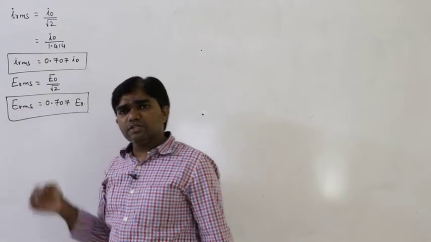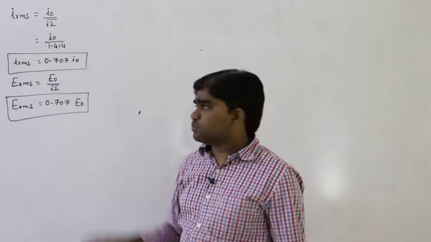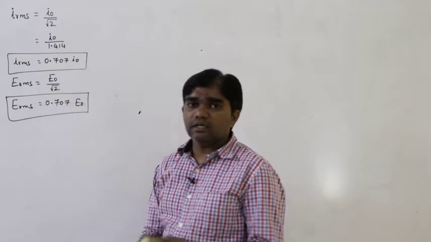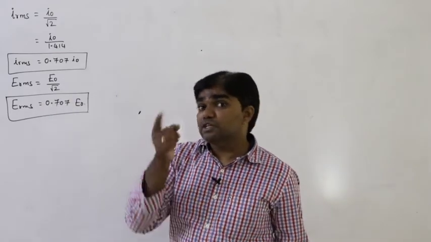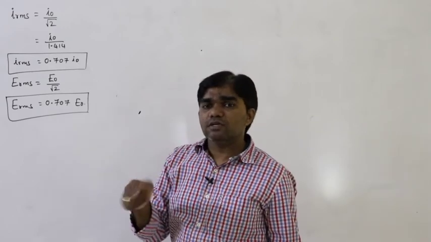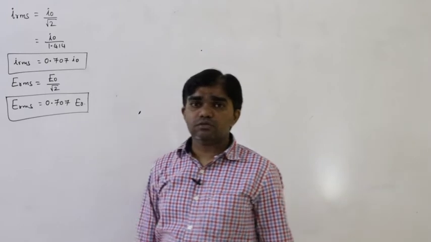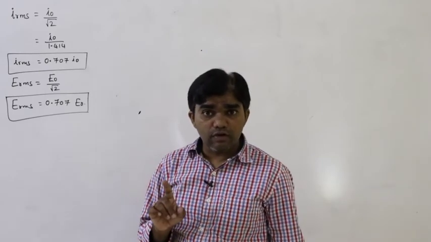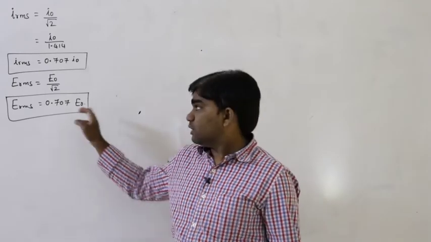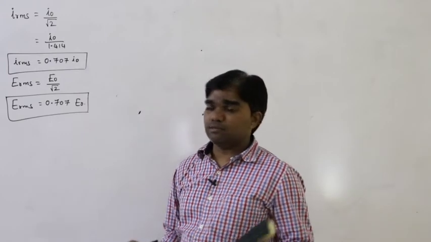Otherwise, if they mention the peak value of potential is 200 volts, then we have to consider E naught. Only if they specifically mention it is it a peak value. Otherwise, all the measured values must be RMS values. That is important here.